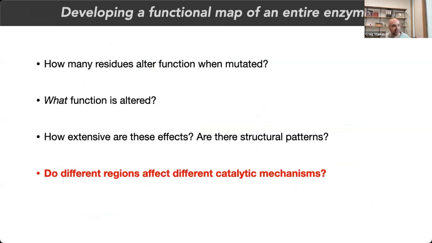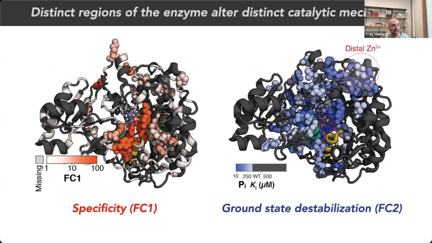We next ask the question, do different regions affect different catalytic mechanisms other than the specificity effect with R164 and K162? I don't really have time to tell you the details in this talk, but by using phosphate affinity measurements, we were able to identify residues involved in a mechanism of catalysis called ground state destabilization. And this is shown here in blue.